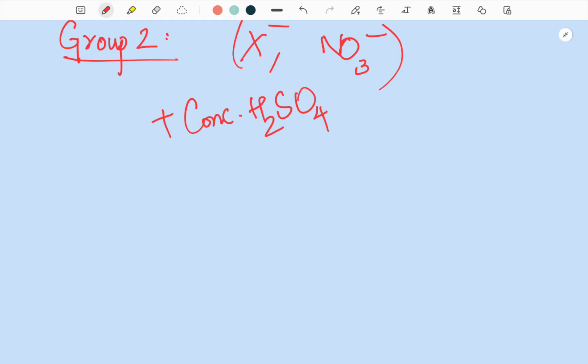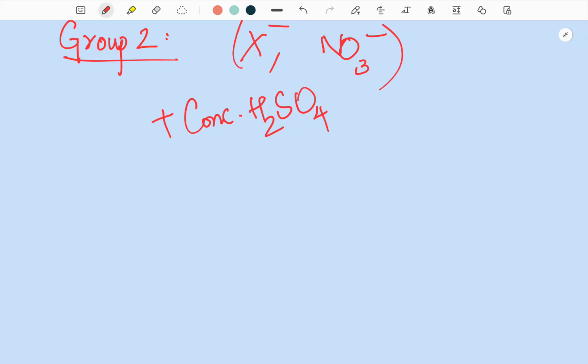So if you are not heating the test tube and you are still getting the observation that I'm about to tell you, then you can say that a halide ion is present. So what is the observation? Some gas has to be evolved.